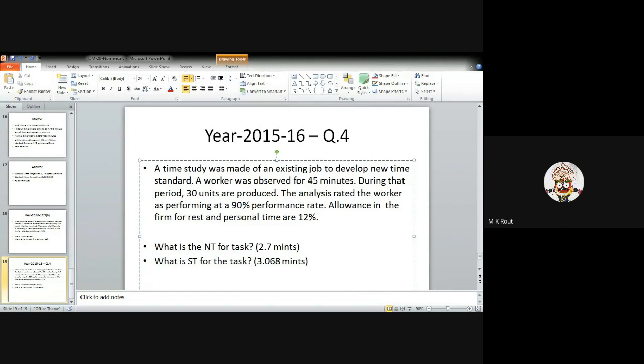I think all of you finished this one. Okay, moving to the next one. Just note down the formula. The next one is for work sampling.